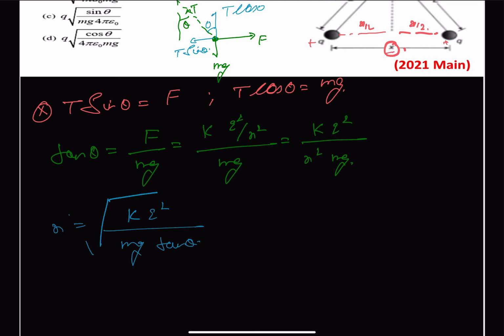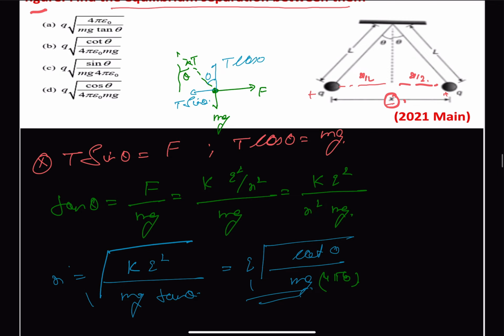Q we can take common, and 1 upon tan is our cot, so we can write this as K cot theta divided by mg and its square root. And K is 1 upon 4 pi epsilon naught. So we get this as cot over 4 pi epsilon naught. Option number B is correct.